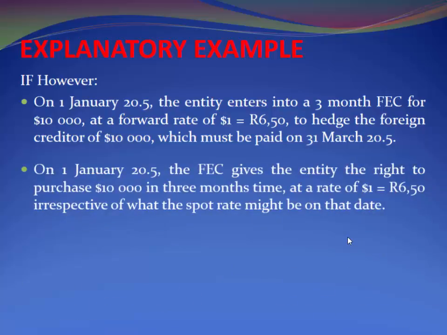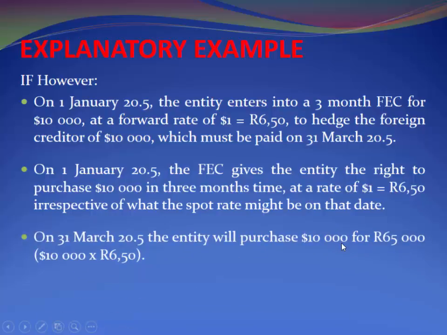An FEC gives the entity the right to purchase this $10,000 in 3 months from now at a rate of 6 rand 50, irrespective of what the spot rate might be on that date. So we are actually fixing the exchange rate that we will pay. On the 31st of March, the entity will purchase $10,000 for 65,000 rands using the FEC.